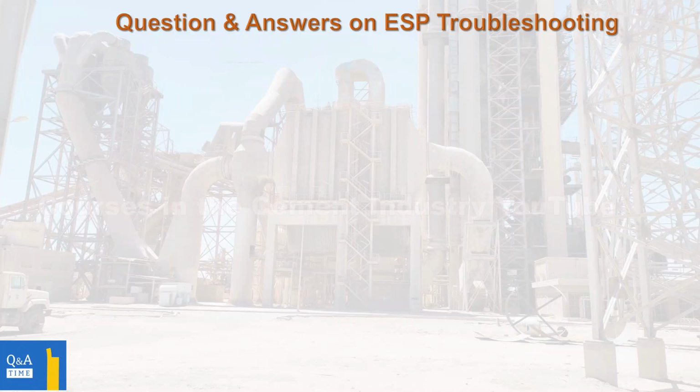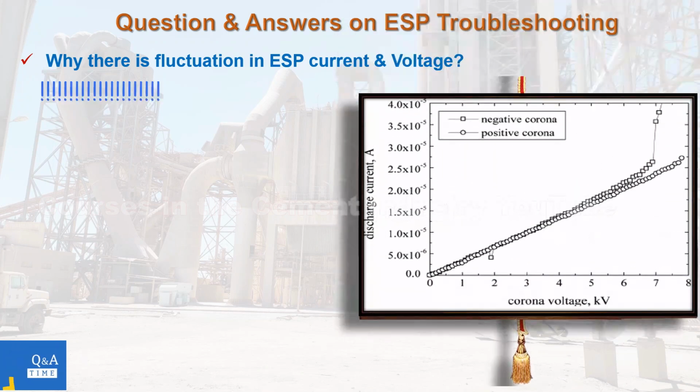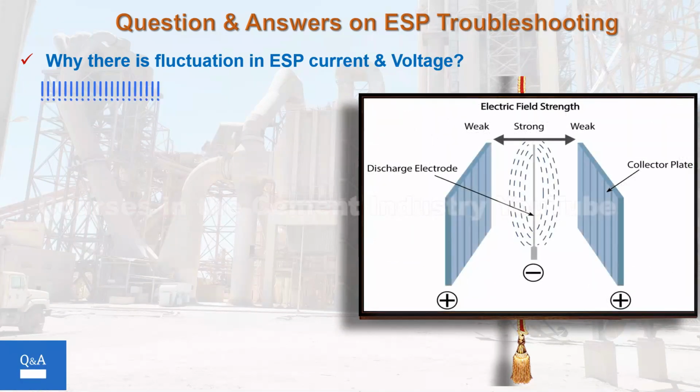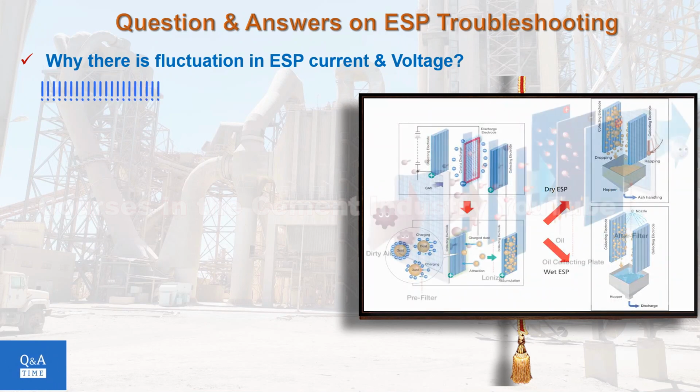Question 7. Why there is fluctuation in electrostatic precipitator current and voltage? Answer. 1.